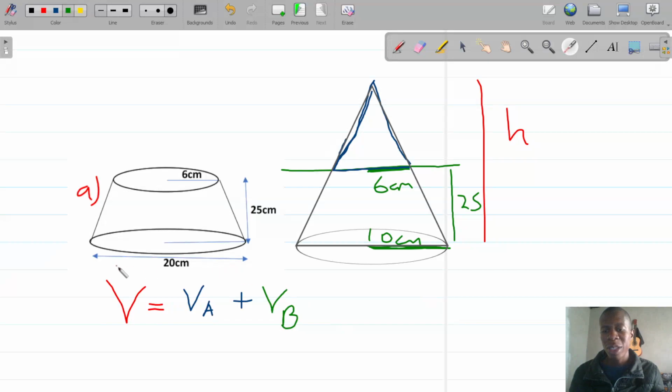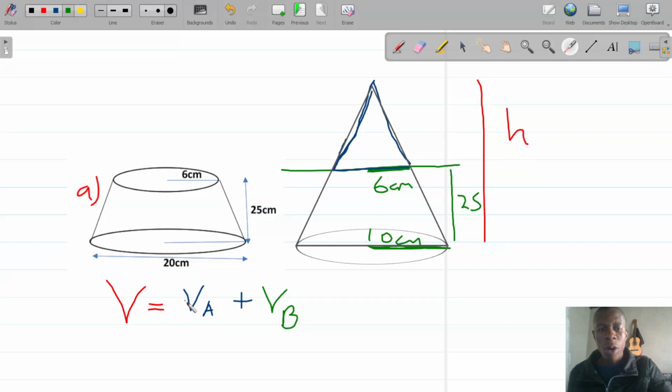We need to find the volume of the entire cone. Then we also need to find the volume of the top part, which is this part. Then we make the volume of the bottom part the subject of the formula, and what we'll get will be our answer.